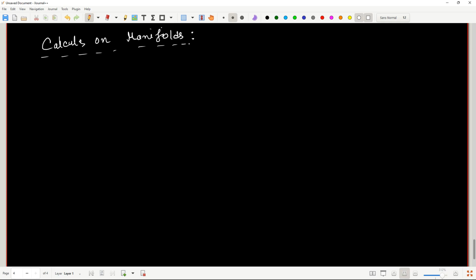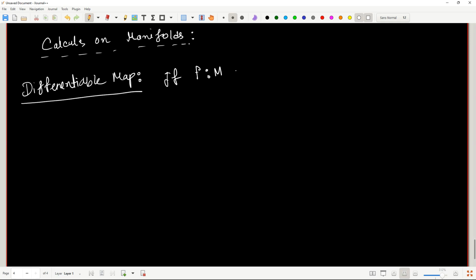And the smoothness of the map ensures that the calculus is independent of the coordinates. So the first tool that we will need is something called a differentiable map. If I define a map from M to N, where M is a manifold and N is another manifold, and they have dimensions small m and small n respectively, so dimension of M is small m, and dimension of N is small n.